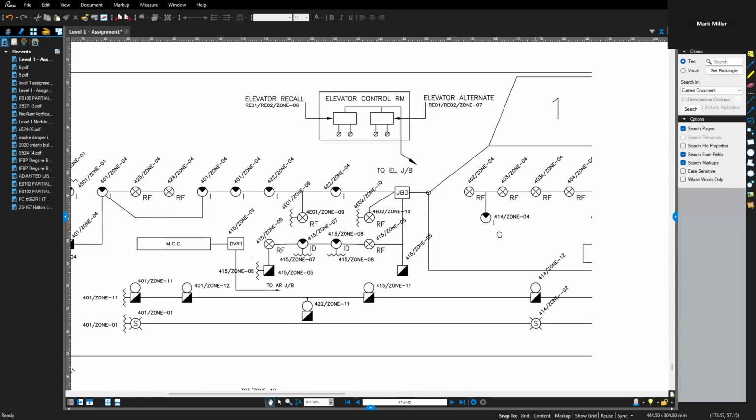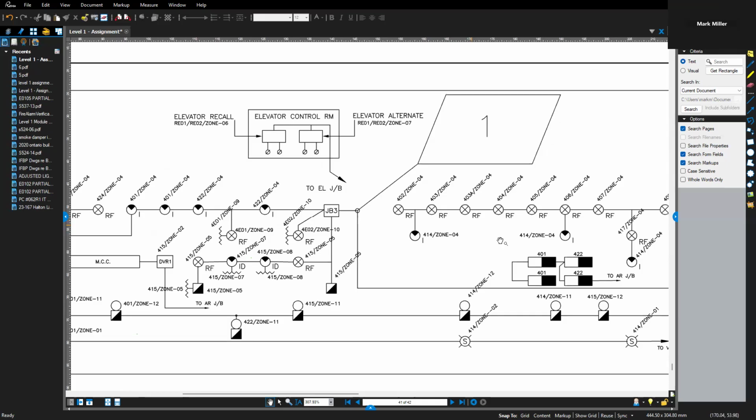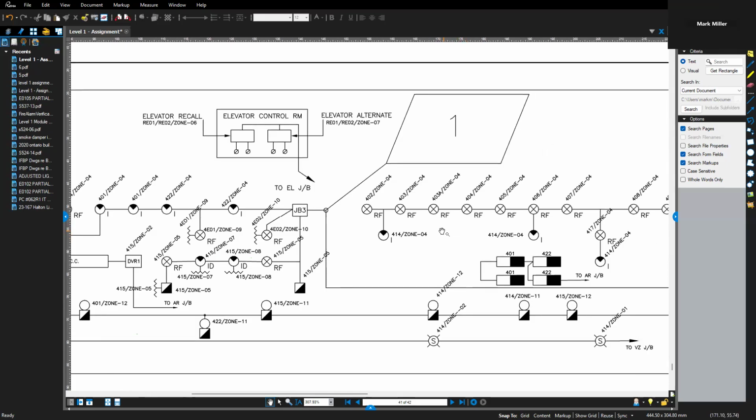But if we were to look over here, if I was going to cut that conduit right there, if I was going to have a flag there, the only conductors I have running through this conduit is for fire zone 4. Because I have fire zone 4 on this side, fire zone 4 on this side.